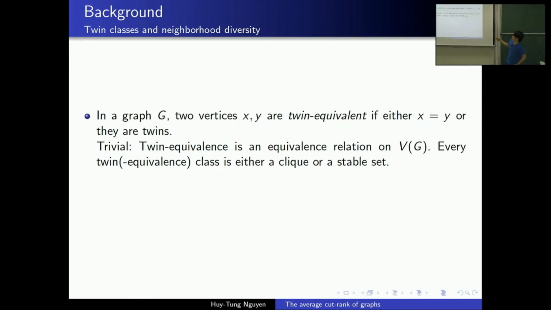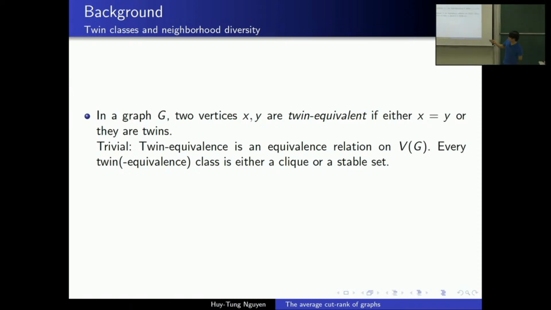To make it an equivalence relation, we need to allow them to be equal. So we say that two vertices x and y are twin equivalent if either they are the same or they are twins. It is a trivial fact that this relation is an equivalence relation on the vertex set of G.